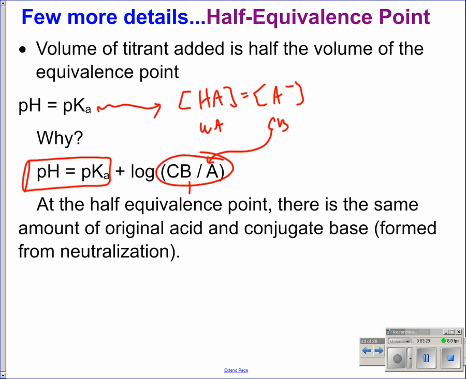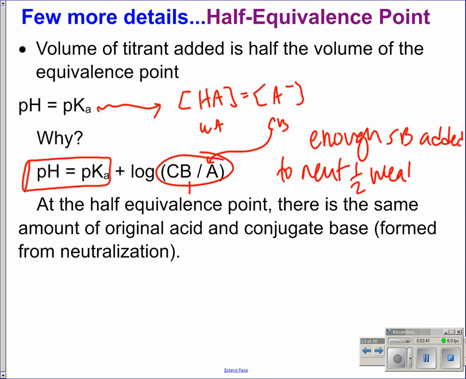That's because there's been enough strong base added to neutralize half of the weak acid. So if you can neutralize half of the weak acid, then you are going to create that same amount of that conjugate base, which is called the half equivalence point.